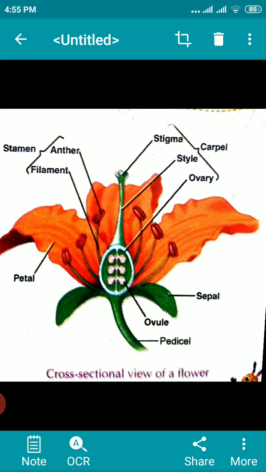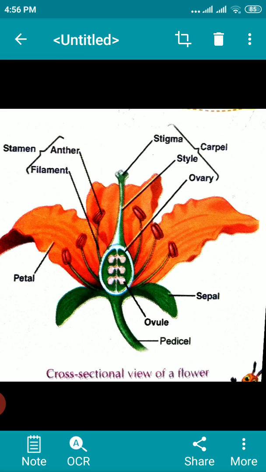The second one is petals. The petals are colored leaves that are arranged inside the sepals. These are generally arranged in circles and their collection is known as corolla. As we have studied, sepals mean calyx, the petals mean corolla.